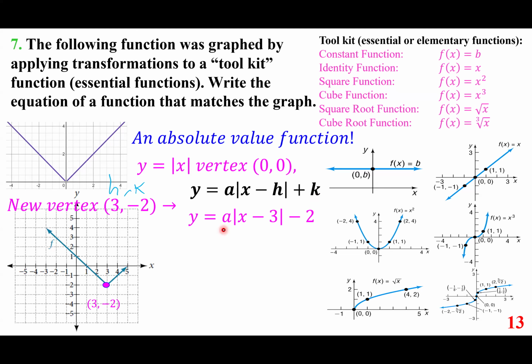Find easy points. You can see, for example, this is the x-intercept at 1, 0, the y-intercept at 0, 1. Those are the easy points. You pick one of them, and it will do the job. For example, if you pick this one, you replace the y with 0, x with 1.